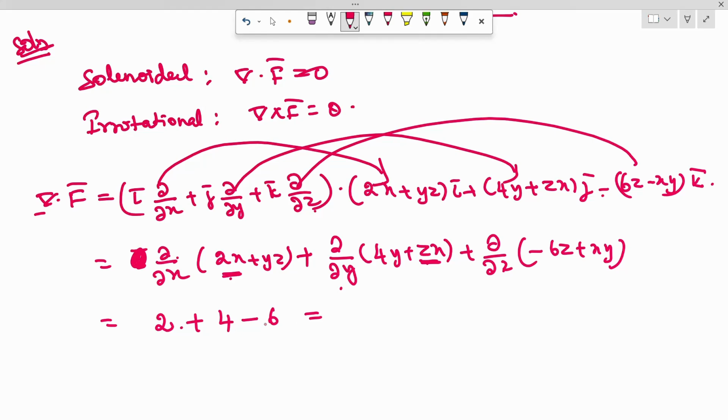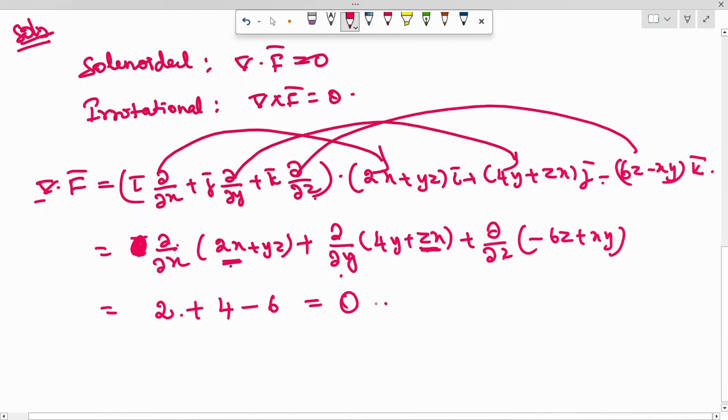It is equal to 2 + 4 − 6, which is 0. Therefore, the given F vector is solenoidal.